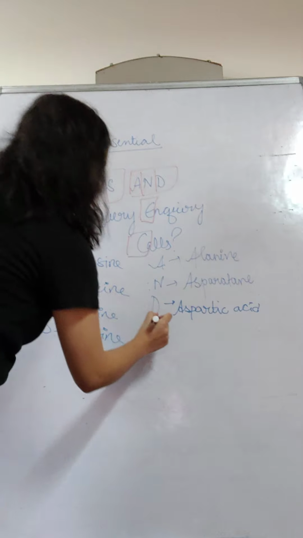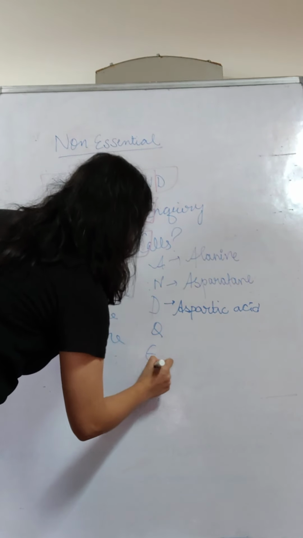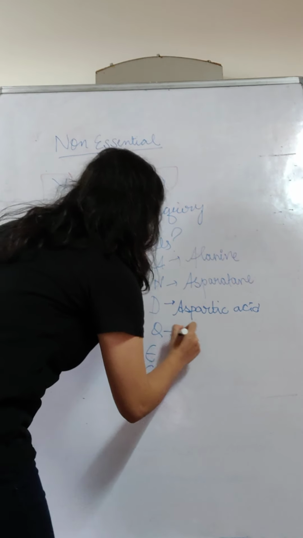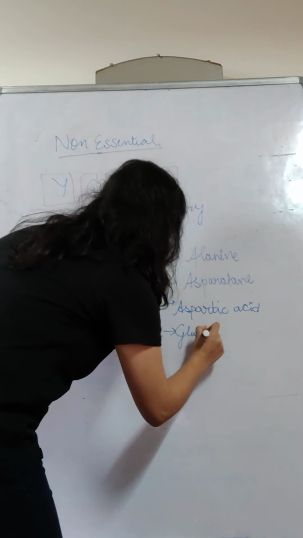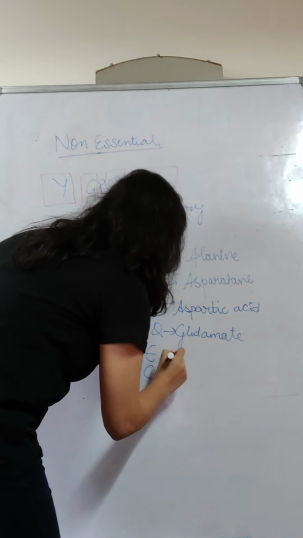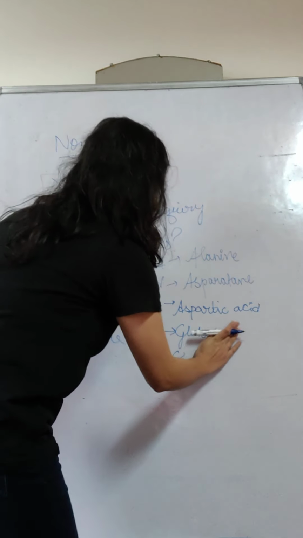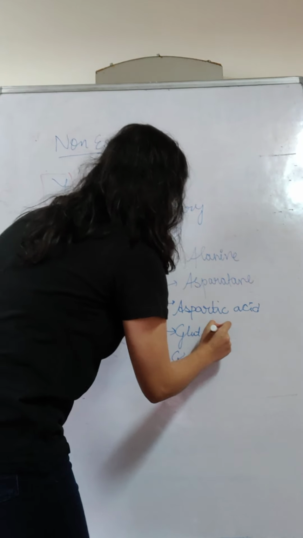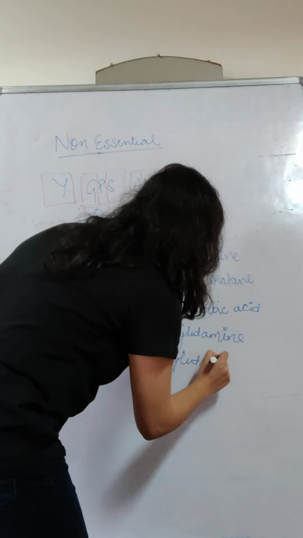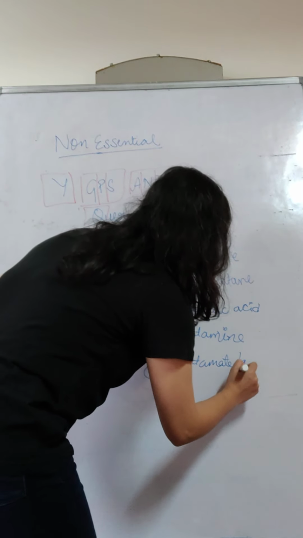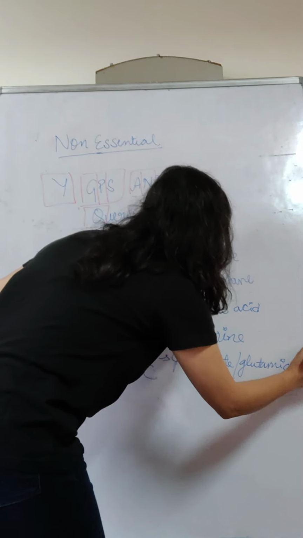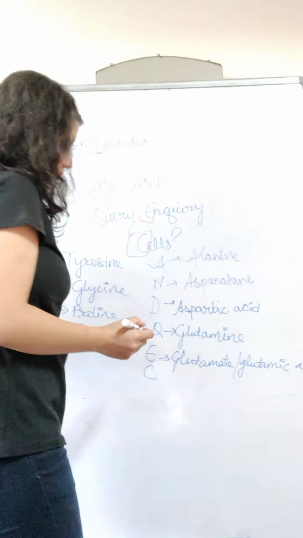So Q, E and C. Correct? So Q is for glutamine. E is for glutamate, or what we call glutamic acid.